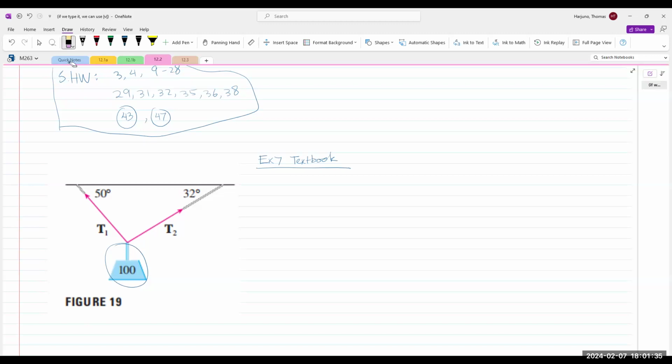The ropes form angles of 50 degrees and 52 degrees. The question is, what is the tension for each of them? What is the tension for T1 and T2? The vector and of course the magnitude.